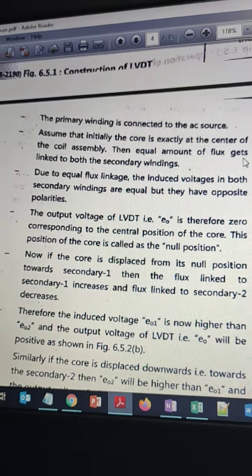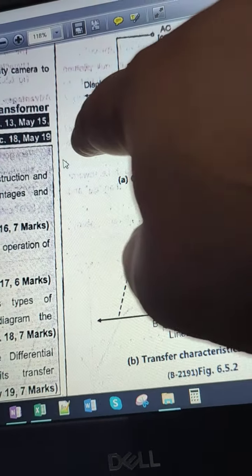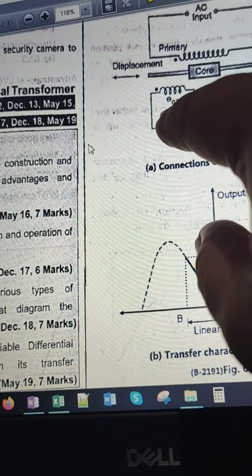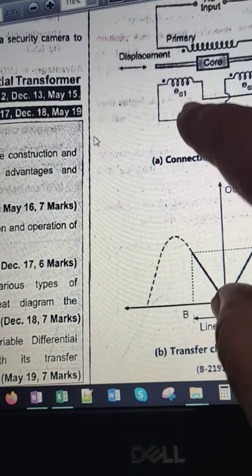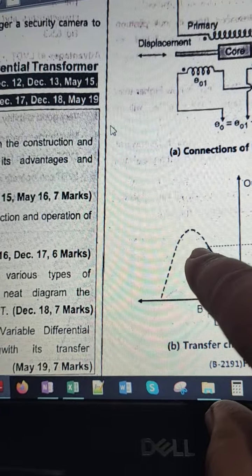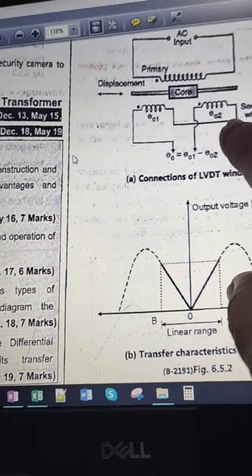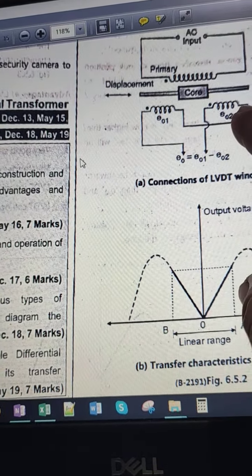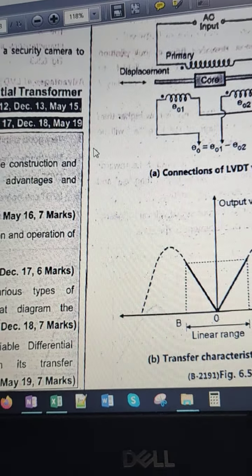Now when the core is moved towards the left side, the voltage induced E01 is greater as compared to E02, and we get a graph like this. When the core is moved towards the other side, E02 is higher as compared to E01, and we get a curve like this.